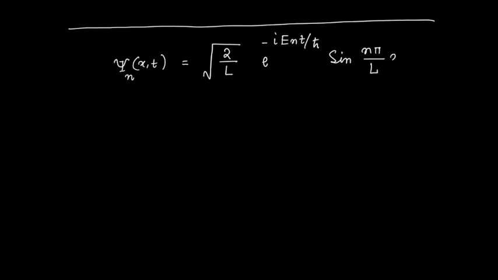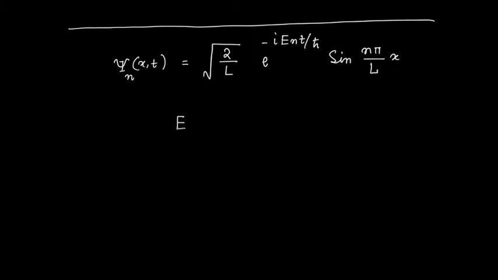Psi at x and t, now I am writing the nth eigenstate, is root over 2 by L, e to the minus i En t by h cross, sine of n pi by L times x.